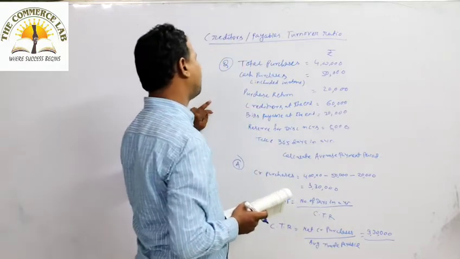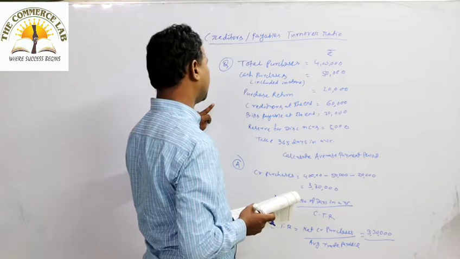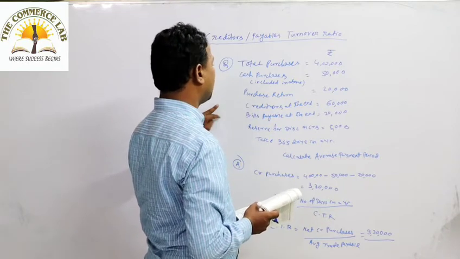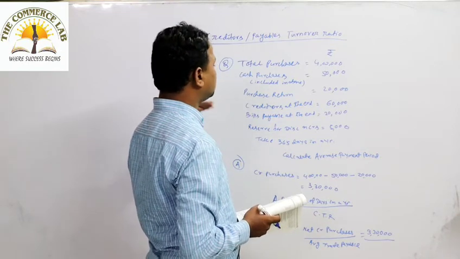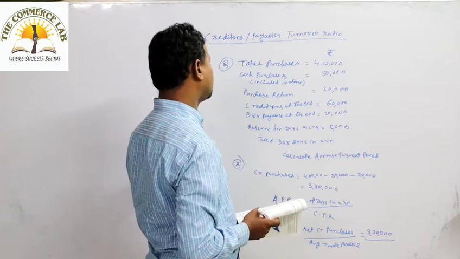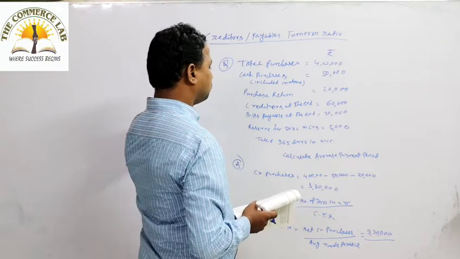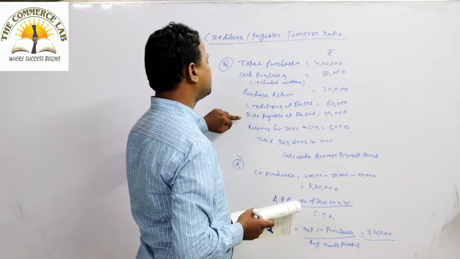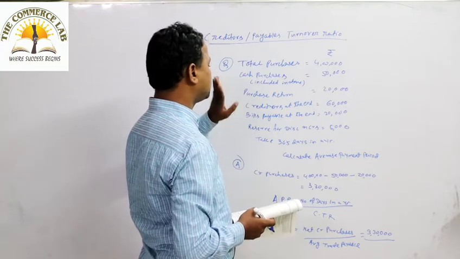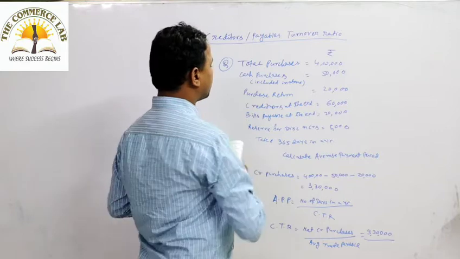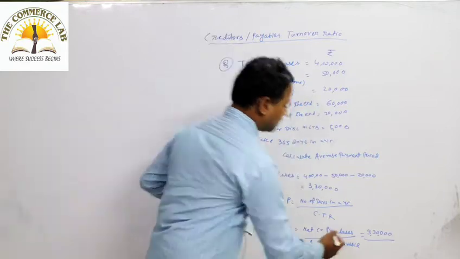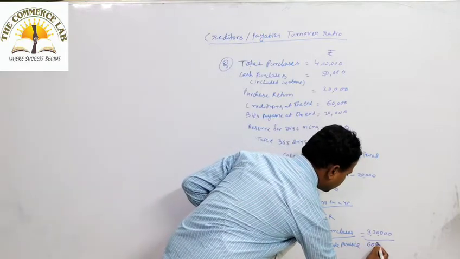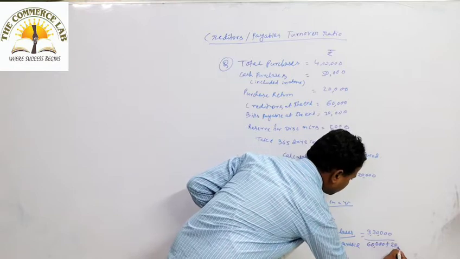Then how much is the average trade payable? We have to calculate the average trade payable. As there is no opening and closing trade payable, only creditors at the end and bills payable at the end are given, there are no two years given. So we have to take 60,000 plus 20,000.